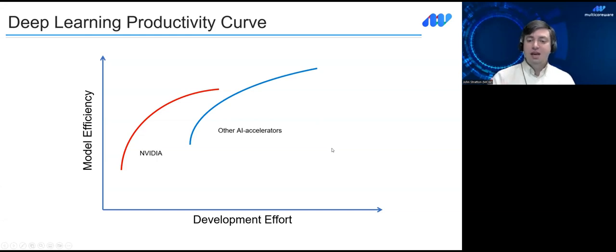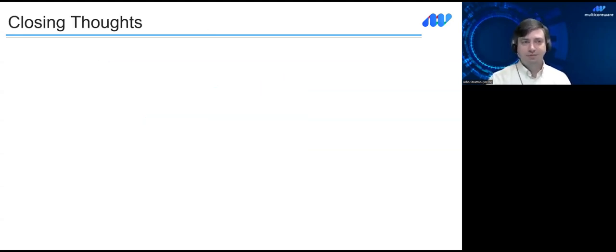We could start making the ecosystem and the development environment a lot more interesting and competitive if we could get the productivity curve for other AI accelerators shifted over to the left. So that is something that we're openly working on right now. It's too early to talk about any specific products that we're going to be releasing at any particular time. But if this is an area that other people are interested in, we are actively working in this area and looking for partners and collaborators in this space overall.